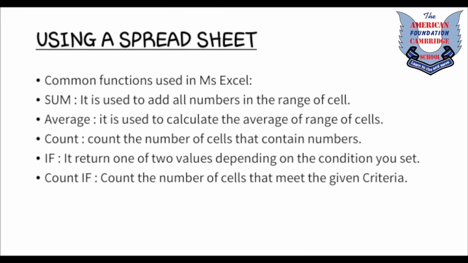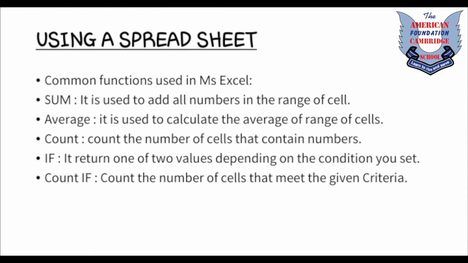The empty cells will not be considered by the count function. This is the benefit of the count function: if you select the whole area in which some cells are empty, it will consider only the cells that are already filled, and give you the calculation of the filled cells, not the empty ones. But if you do the same procedure with a different function, you will get an error.